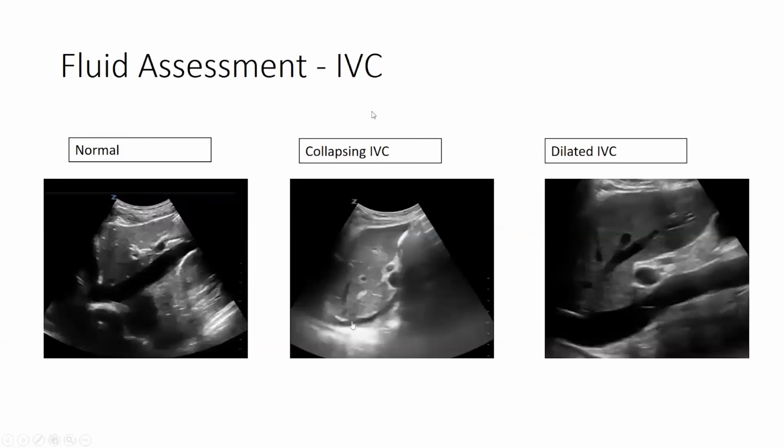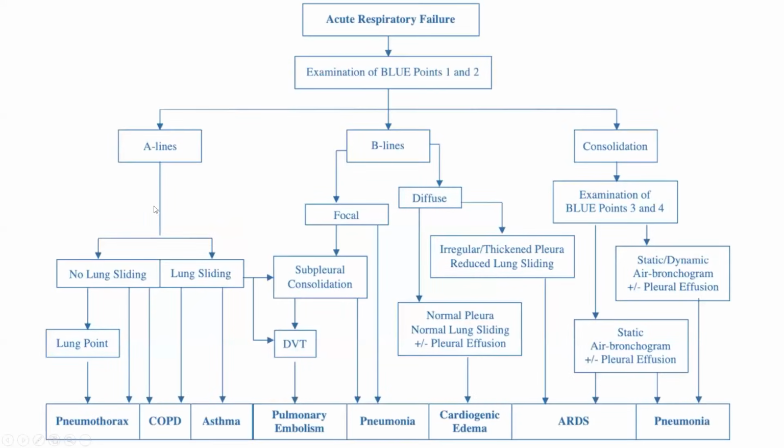So this is the summary of the new protocol as we discussed. A lines with no lung sliding and lung point present: pneumothorax. A lines, lung sliding present, nothing on your collapse point: COPD, asthma. But if you've got a DVT, pulmonary embolism. In cases of B lines, if there are focal B lines, it can be consolidation, or if there are diffuse B lines, then there can be cardiogenic pulmonary edema.